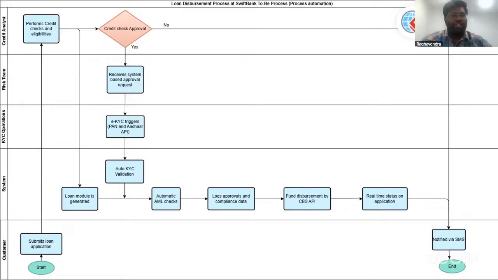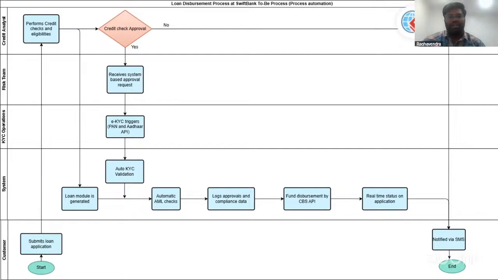So we are doing system-based risk assessment AML, where we run through the customer's details through all the information and portals we have, as per the guidelines of the RBI. And the KYC operations are being triggered via eKYC. The sources can be PAN and Aadhaar APIs. And later, this is transferred to auto KYC validation. The system does the validation, and then it does the automatic AML check as well.